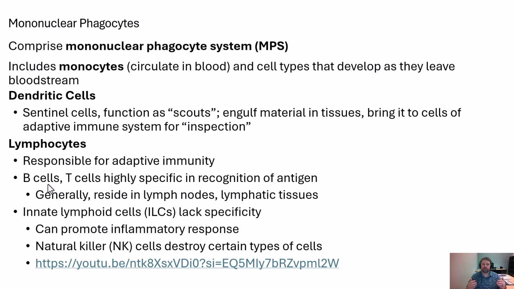Okay, so we have what we call innate lymphoid cells, or ILCs. Okay, and they are part of that innate immune system. Their purpose is to seek and destroy, and we call those natural killer cells, or NK cells, and they destroy things that are foreign. And normally they're not specific, they're more generalists, and so they just seek out things that have foreign proteins on the outside of their membranes, and they destroy things that are foreign to them.